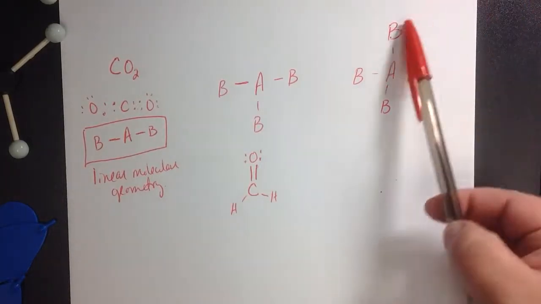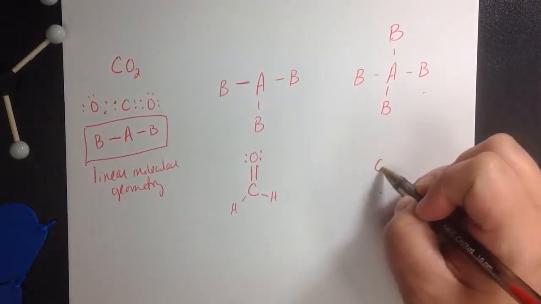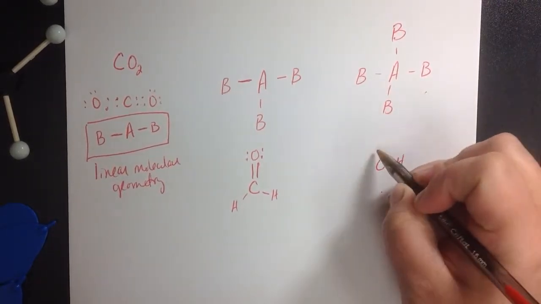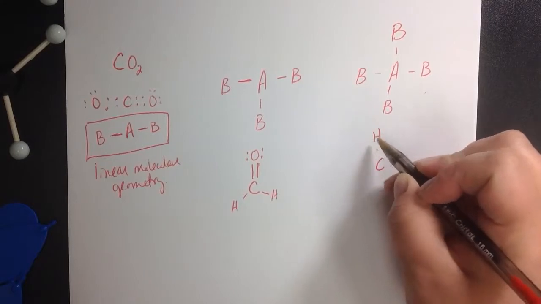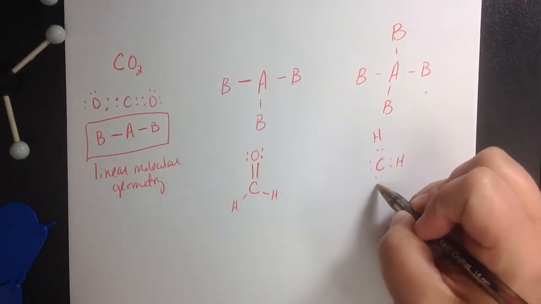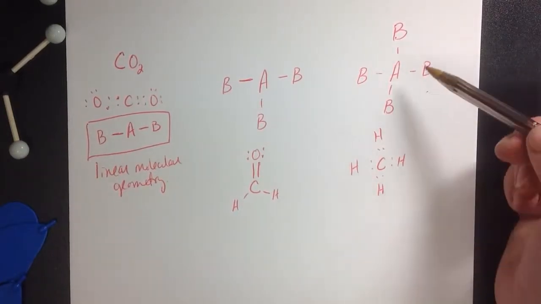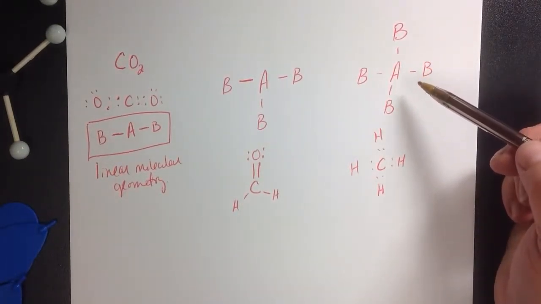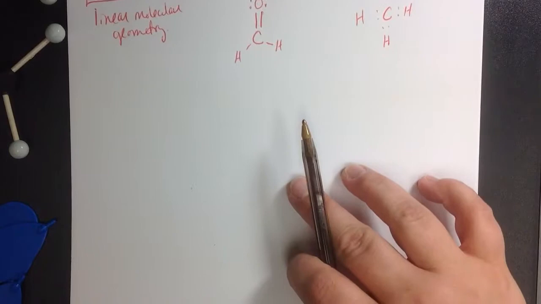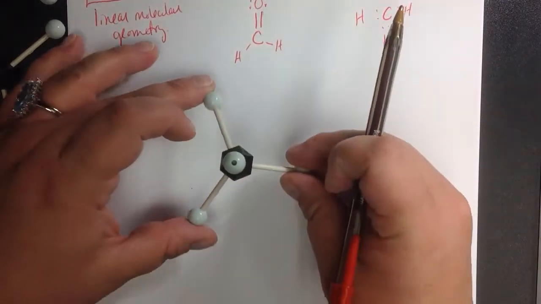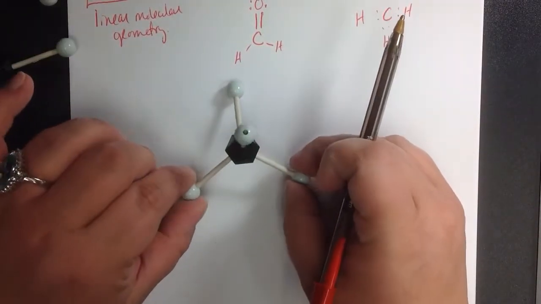When you look at this structure, the CH4, which looks like this, it is very similar to what we see up here. But here's what its structure looks like in 3 dimensions.